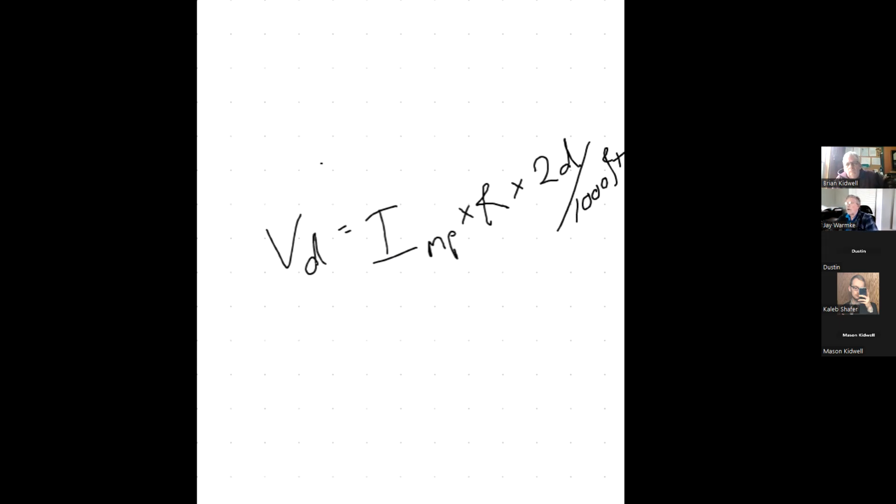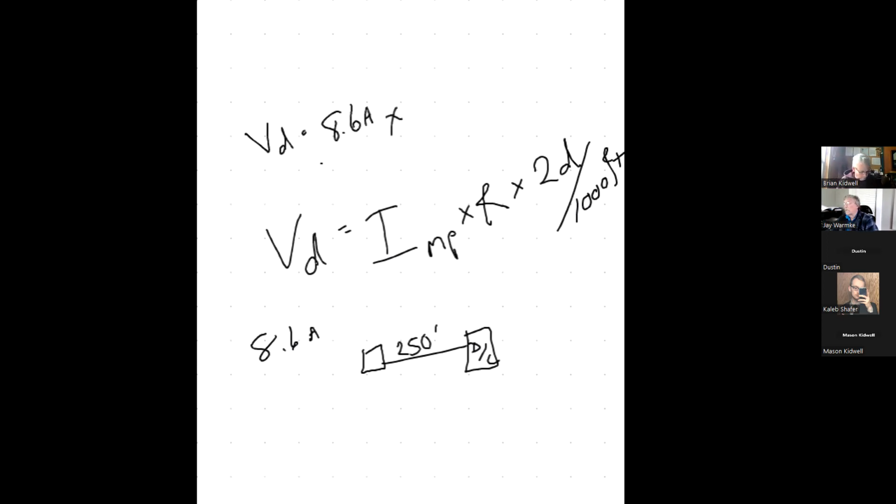So if I've got a run from, say, the combiner box up on the roof to a DC disconnect down here, and it's 250 feet, and the IMP of my system when I measure it is, let's just say, 8.6 amps. Then I could calculate the voltage drop equals 8.6 amps times the resistance.